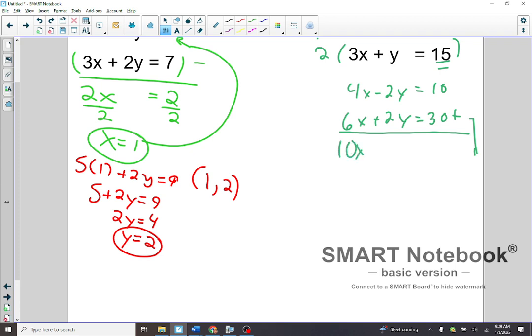Negative 2y plus 2y will be 0, which is good, that's our goal. And 10 plus 30 is 40. And then you divide 10 on both sides, and x equals 4.